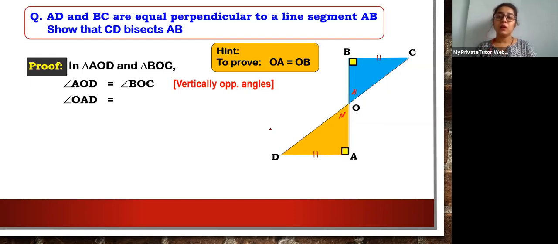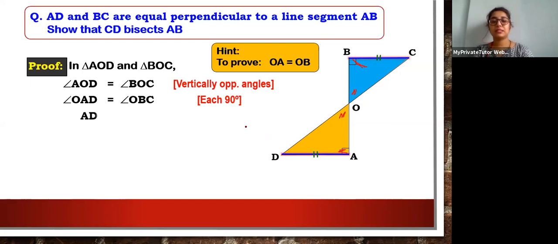Then angle OAD and angle OBC, this angle and this angle, each is 90 degrees. Now side AD and side CB. AD is equal to BC. They've already given us that both of them are equal.